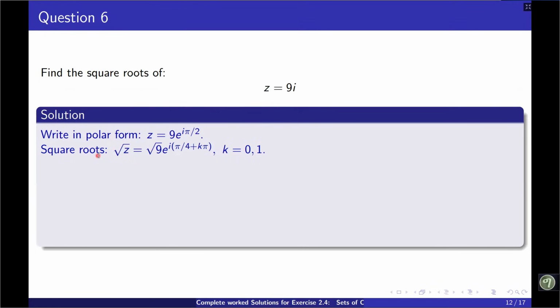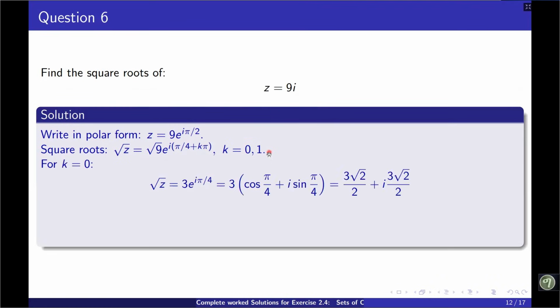Then the square root of z is equal to the square root of r times e to the power of i times (pi over 4 plus k pi), where k is equal to 0 and 1.